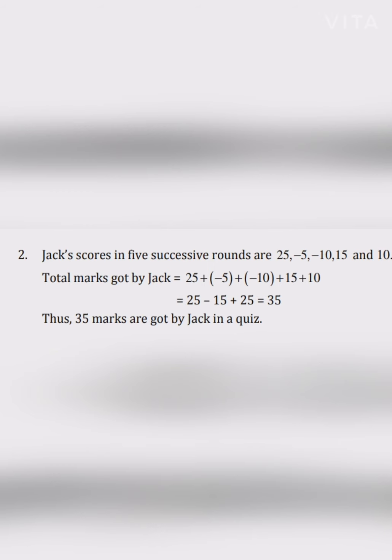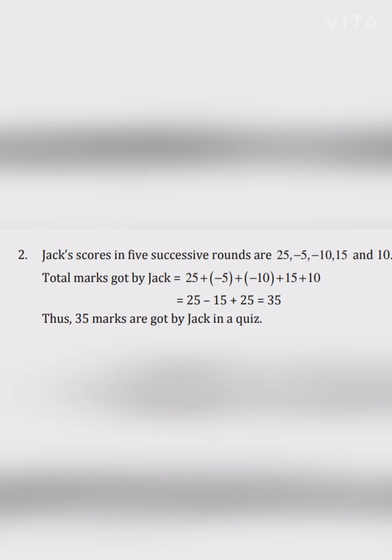Plus minus will be minus. So 25 minus 5 will be 20. Plus minus will be minus: 20 minus 10 plus 15 plus 10. 15 plus 10 will be 25. 20 minus 10 plus 25.